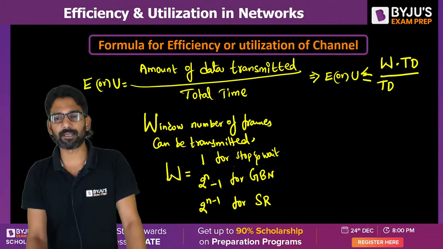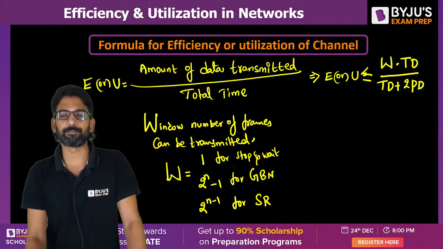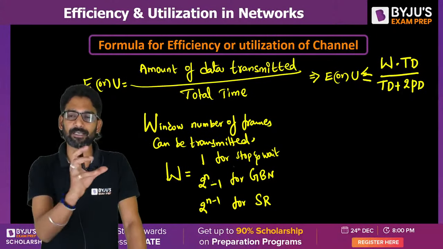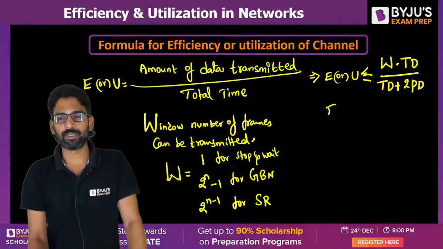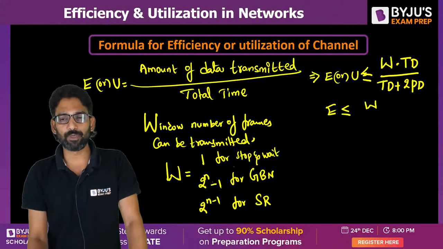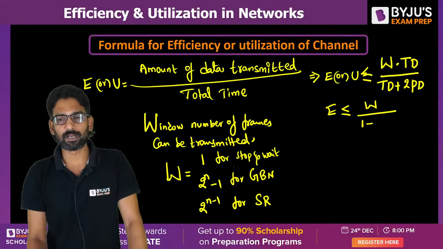Just now we have calculated TD plus 2PD. So if I take TD common, E or U is less than or equal to W divided by 1 plus 2 into PD by TD.